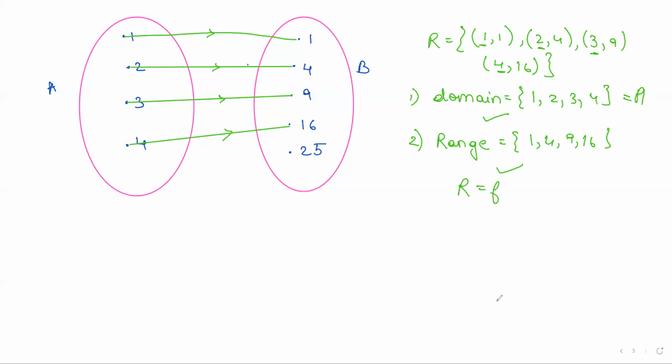In the same figure, let's consider another relation. I'm representing it by a different color. So 1 to 1, 2 to 4, 3 to 9, and 3 to 25.